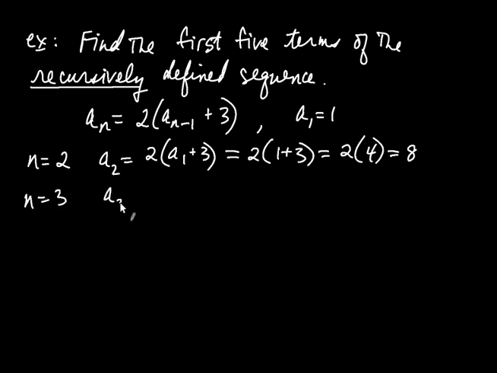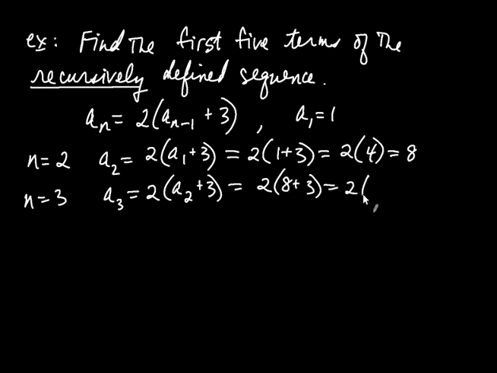What about when n is 3? Well, according to the formula, a_3 is 2 times a_(3 take away 1), which is a_2, plus 3. So where do you get a_2? Well, we just found a_2 in the previous step. So a_2 is equal to 8. So it's going to be 2 times 8 plus 3.